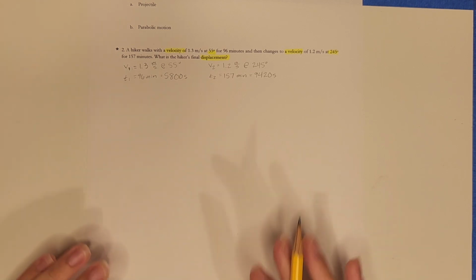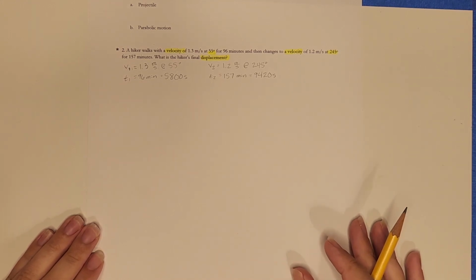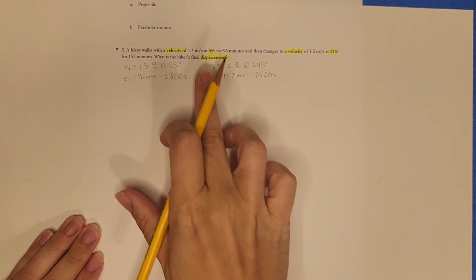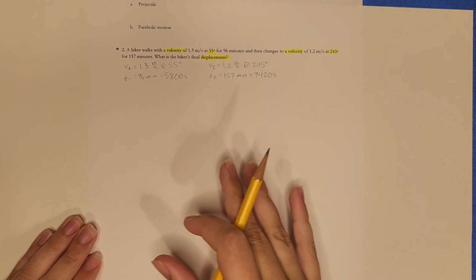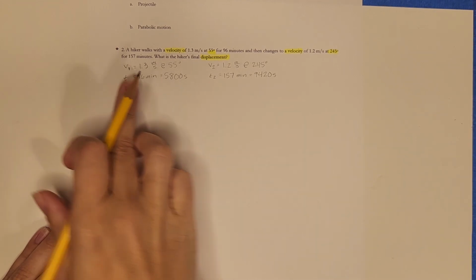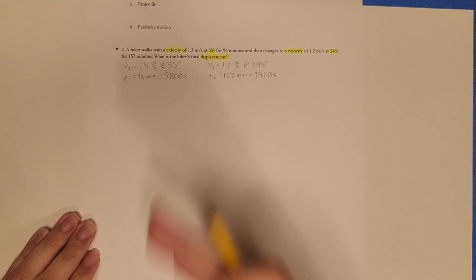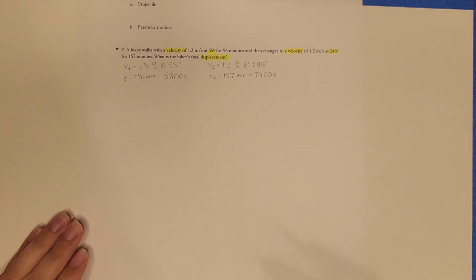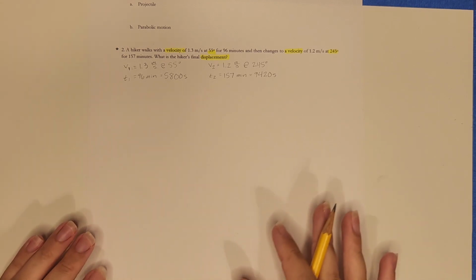So in order to determine the displacement, we need to get the displacements for each of these individually, and then we can use our equations that we learned in chapter 4 to get what the final displacement is.